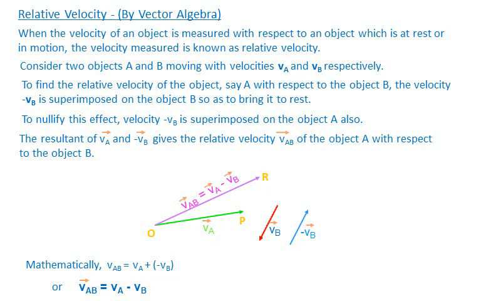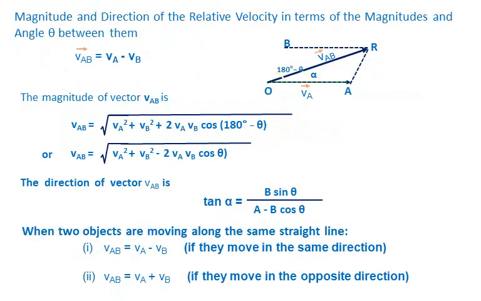The resultant of VA and minus VB gives the relative velocity VAB of the object A with respect to the object B, as shown, or you can say mathematically VAB is equal to VA minus VB.